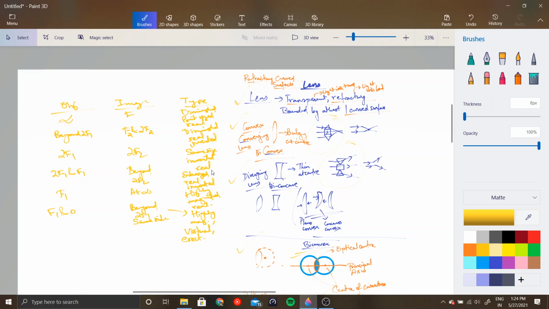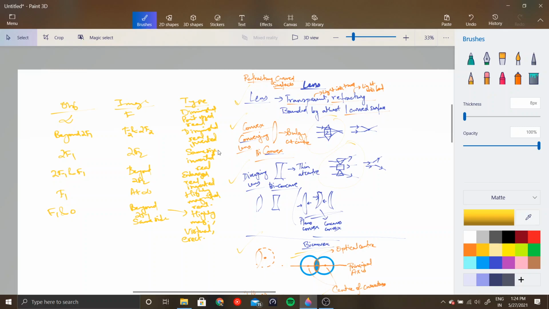The next day we will look at the diverging lenses. They are actually easy. Then we will tell you about the lens maker formula and how you can use that formula to predict the position of the image if you know the object distance.